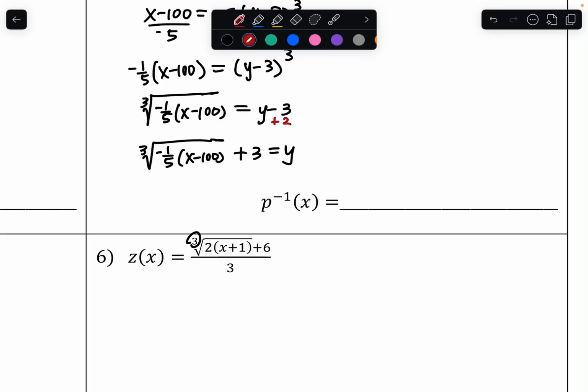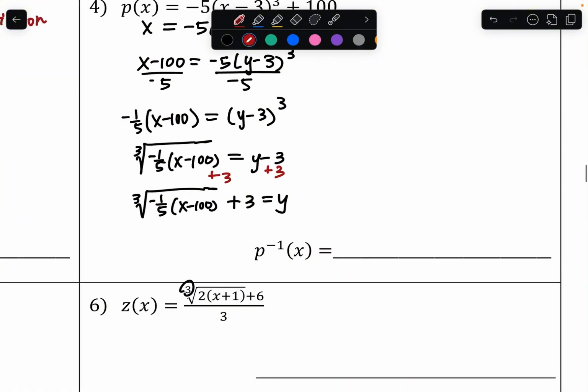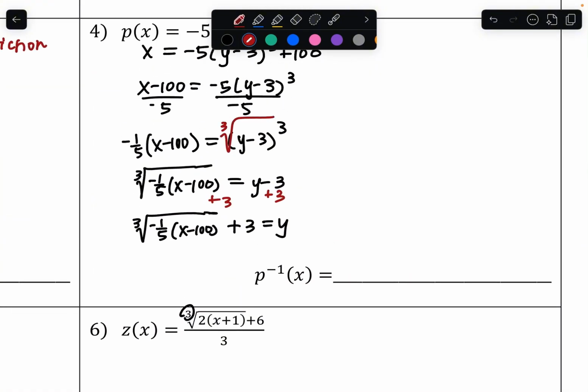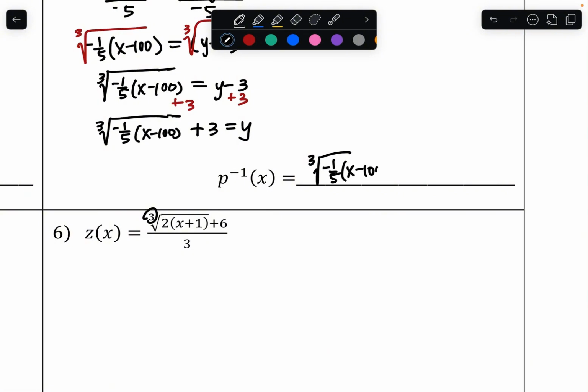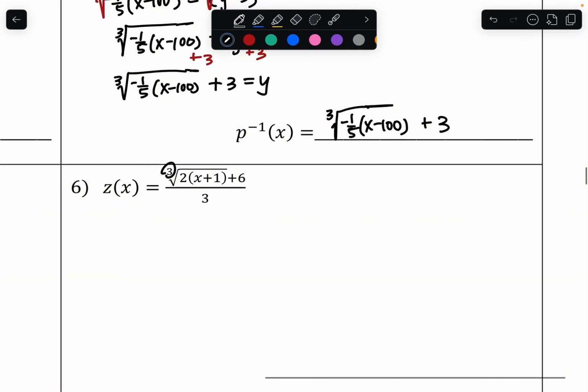Okay, so +3, +3, and cube root. Okay, and so your final answer, cube root of -1/5 x minus 100. And you could distribute that -1/5 again. So lots of different ways to write your final answer. If you don't see your answer written on a multiple choice test, just see if you could simplify it a different way.